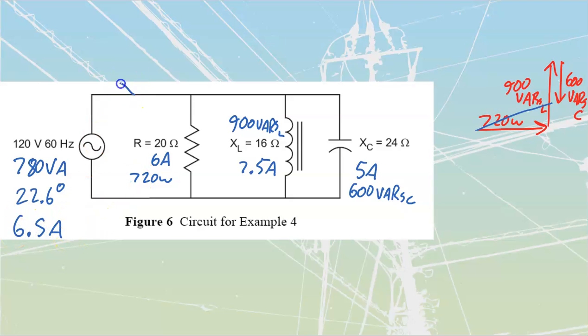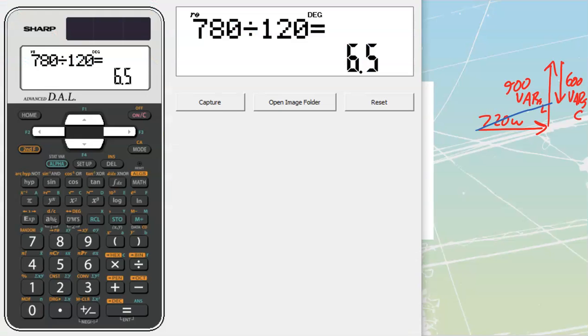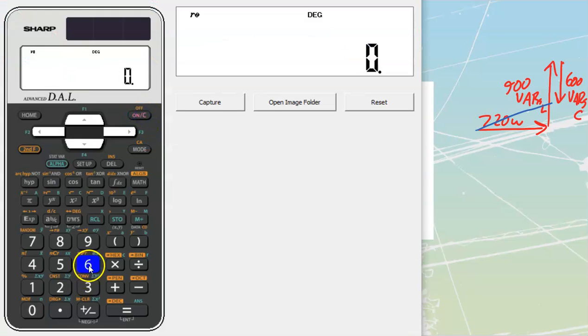That 6.5 amps is leaving from my supply, and then it goes over and hits this junction over here, where I'm going to take out 6 amps at angle 0, and I'm going to take out an unknown quantity at some other angle based upon what I have over here. I can calculate what that would be by taking this 6.5 amps and dropping that current into a triangle. We're going to do that, 6.5 amps at angle 22.6.